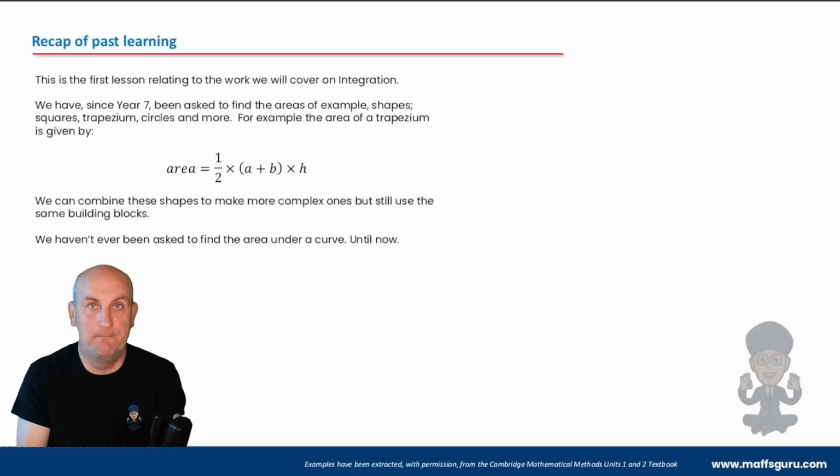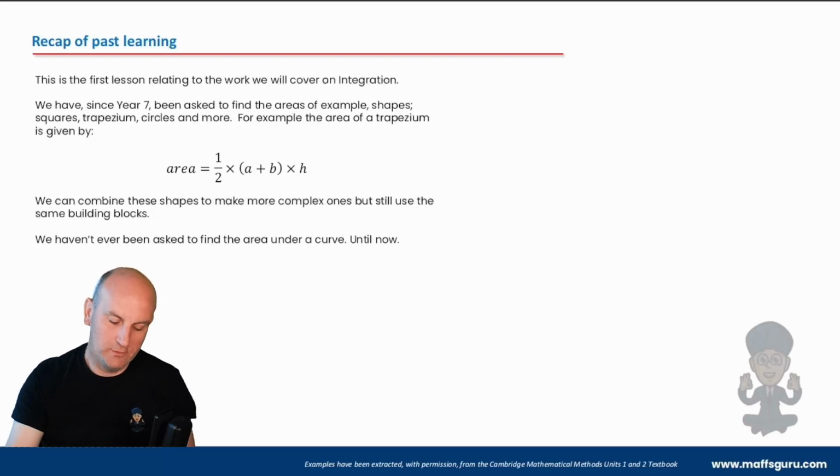Now, these are basic building block shapes. What we then do is put them together and find composite shapes, and that would have been the next section of the course, and we build up harder and harder. And then obviously when we get to mathematical methods, we go into all this conceptual stuff. But actually today we are going to go back to the idea of finding areas of rectangles and trapeziums.